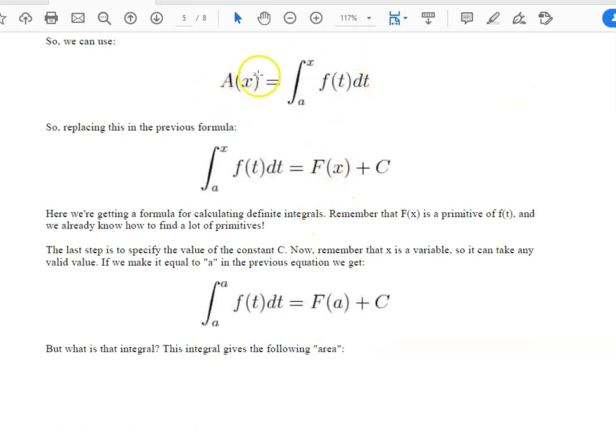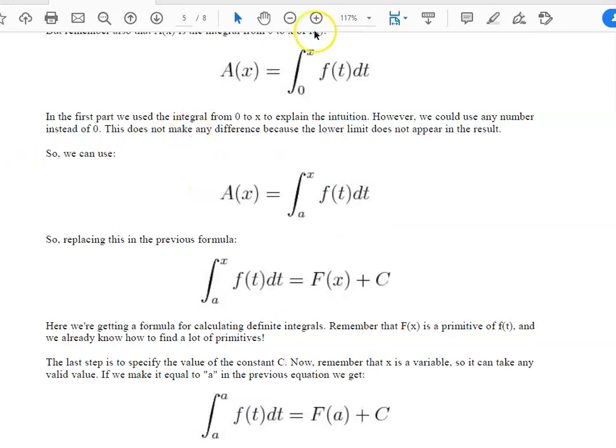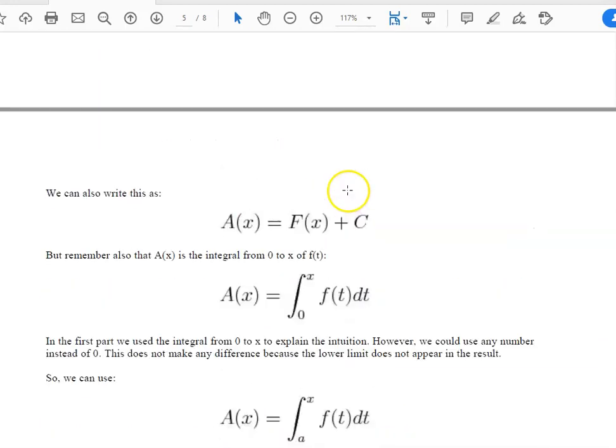So replacing this previous function, instead of A of x, we're going to use the definite integral from a to x of f of t dt, put that in for this A of x, back up here.